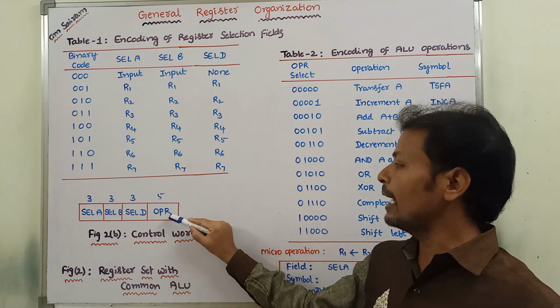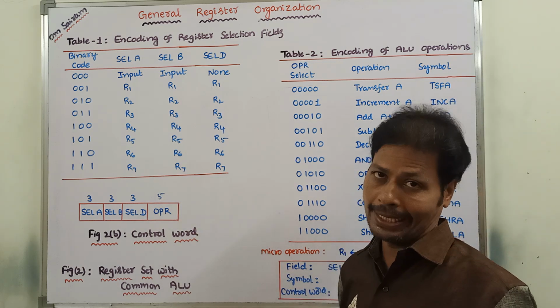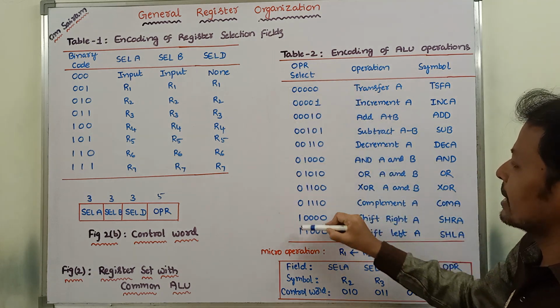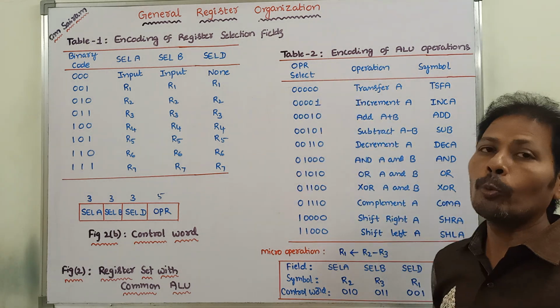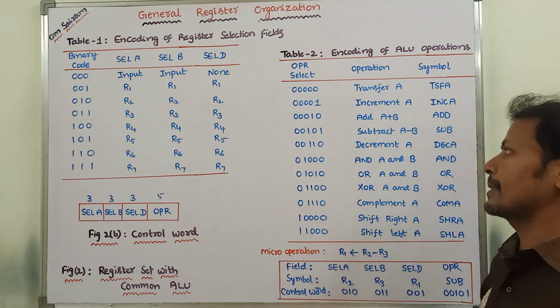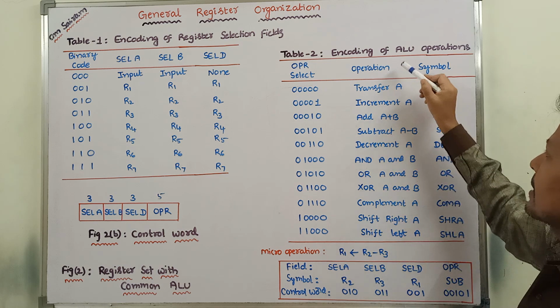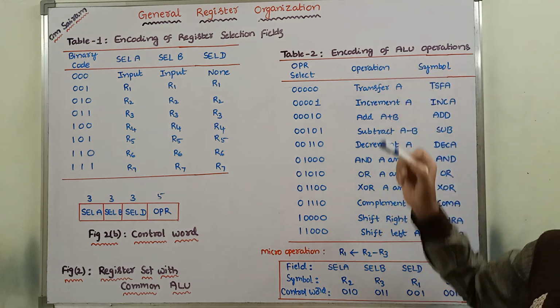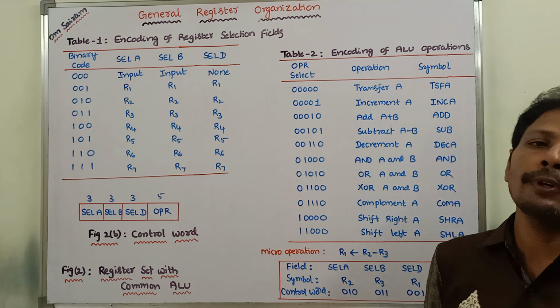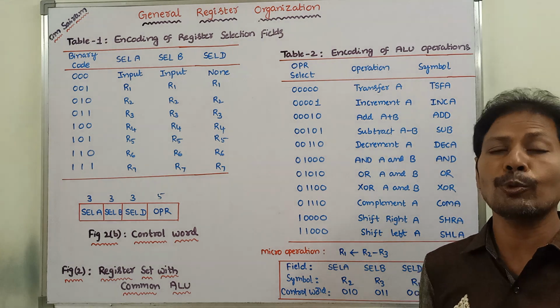The OPR field contains 5 bits. The first column represents the OPR select, which selects the 5-bit address in binary. The second column represents the operation. The third column represents the symbol used for representing the micro operation.